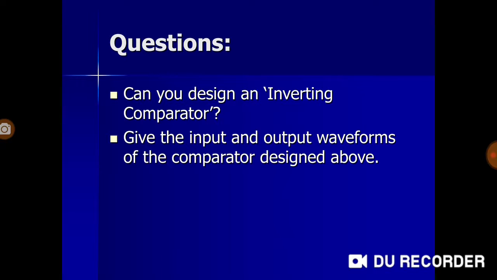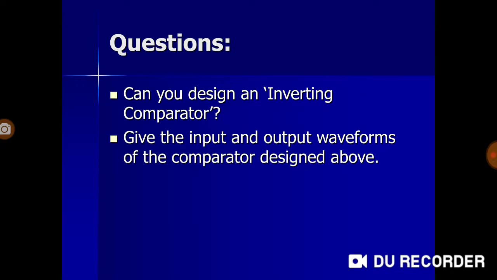So can you design an inverting comparator? What is an inverting comparator and how will you design it? You have the reference of this video, and you have the slides also, where you can refer to the non-inverting comparator circuit. So correspondingly design the inverting comparator circuit, and also give the input and output waveforms of the comparator designed.